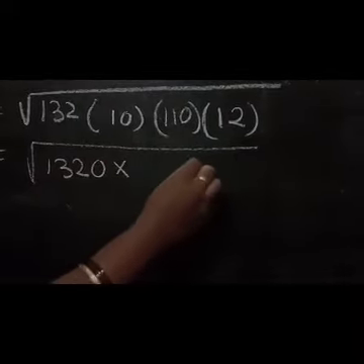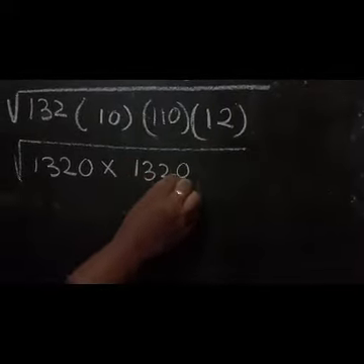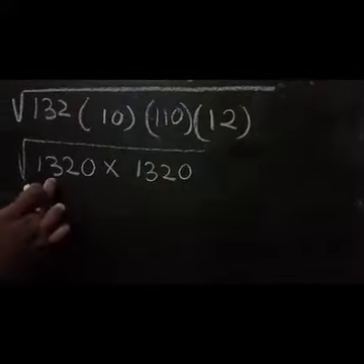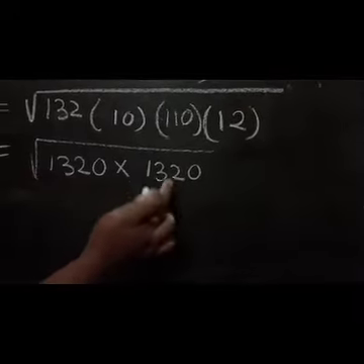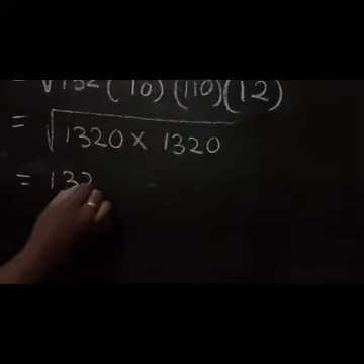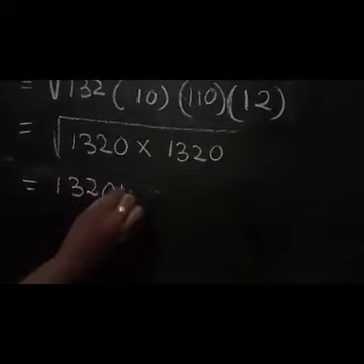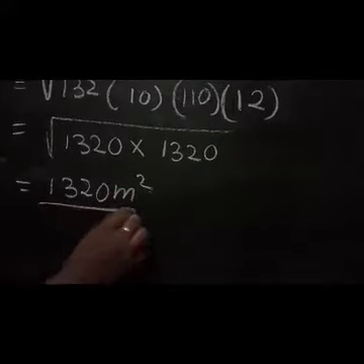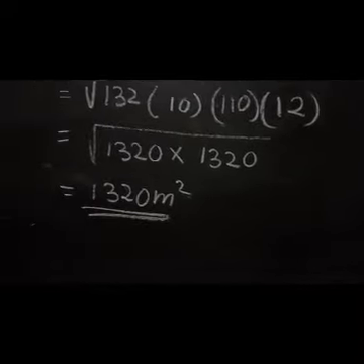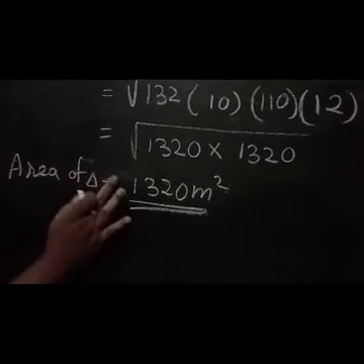Into 0 you write as it is. 11 into 12 is 132. So any number 2 times if it is there inside the square root, we can take and write only one time out. So it is 1320 meter square. This is what our area of triangle.